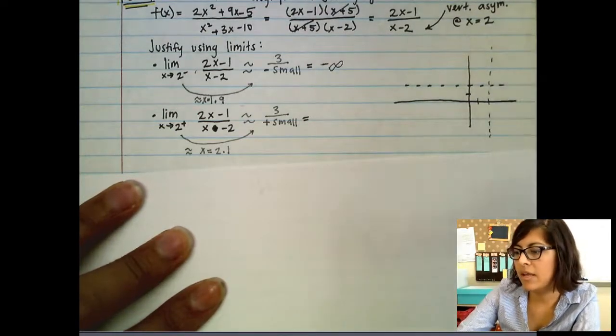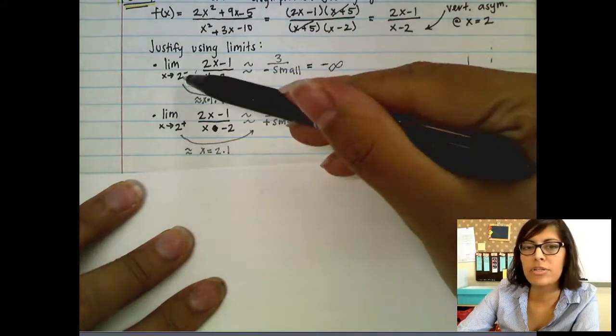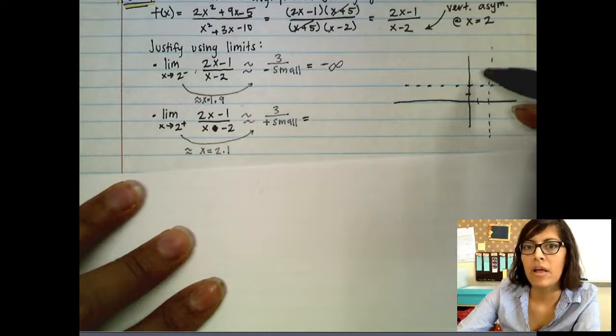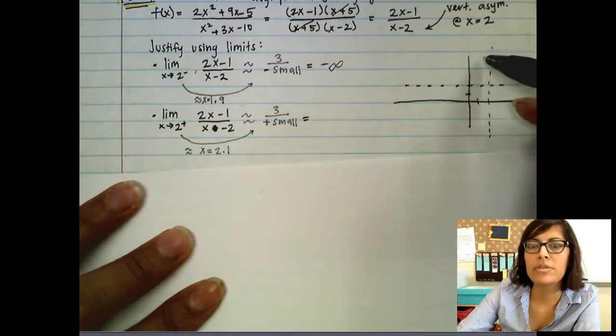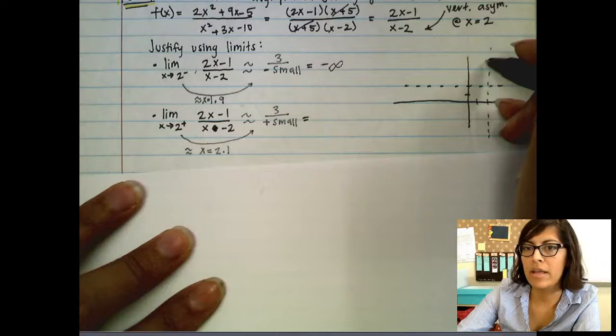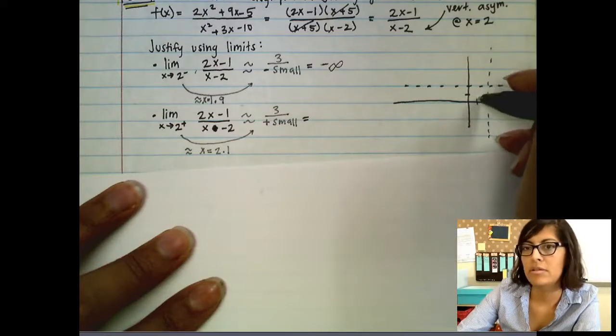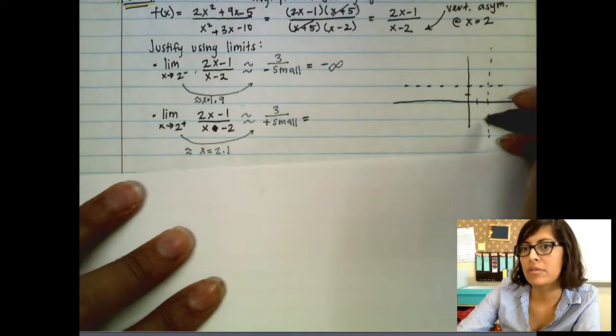And we said as x approaches 2 from the left, as we get closer and closer to 2, we get closer and closer to negative infinity. So down here, as we get closer and closer to 2, we go to negative infinity.